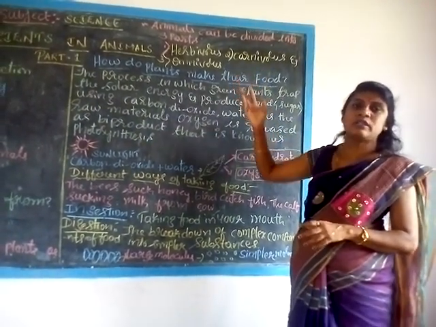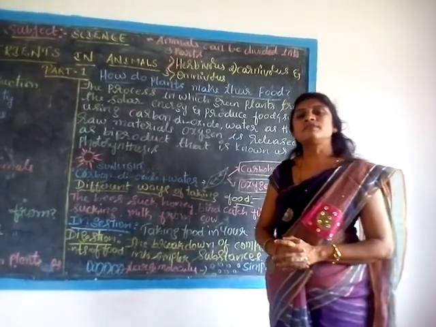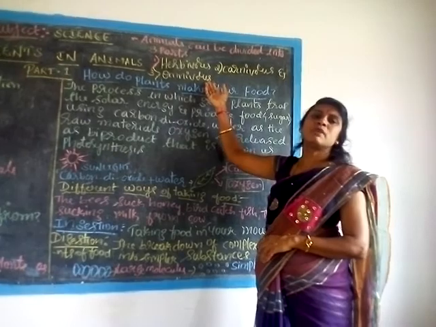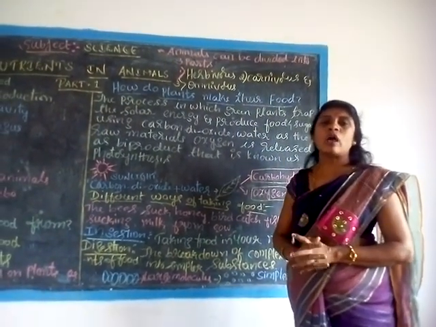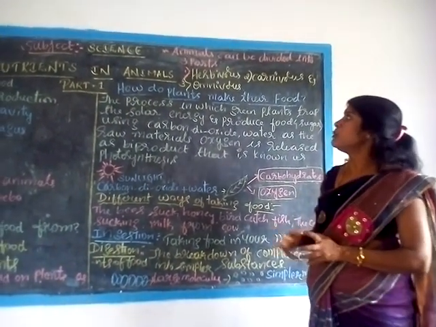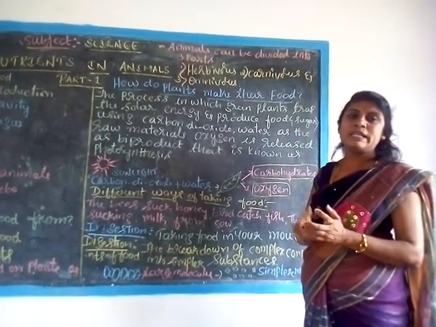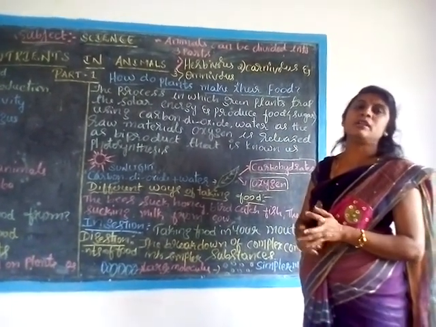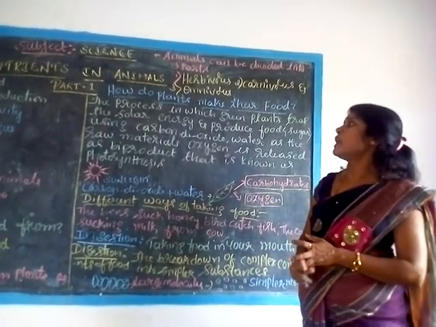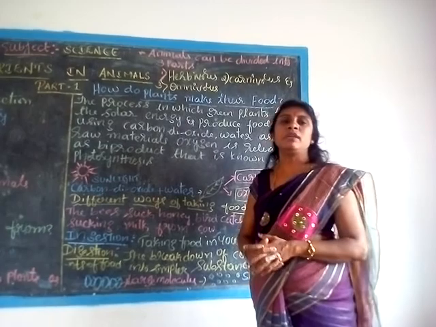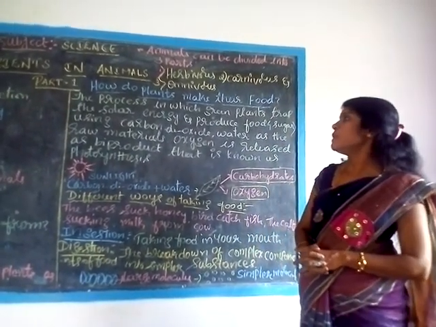Tiger, cheetah. These are the best examples for carnivores. And what does omnivores mean? Omnivores are those which eat both plants and meat. That is, they eat the flesh of animals and they also eat plants. They are called omnivores. The best example is human beings.